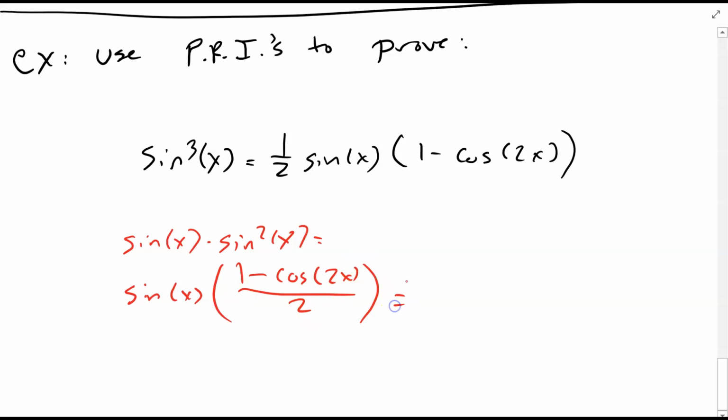One minus cosine 2x all over 2. And look what we got. That's it, right? What's dividing by 2 the same as? Multiplying by 1/2, right?